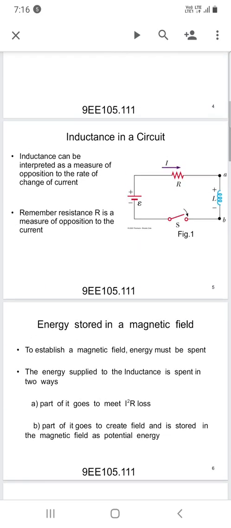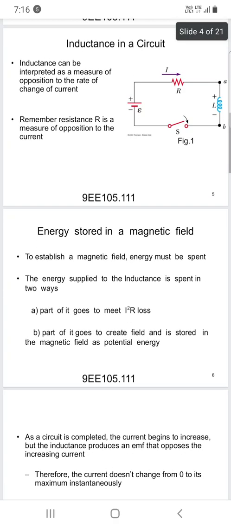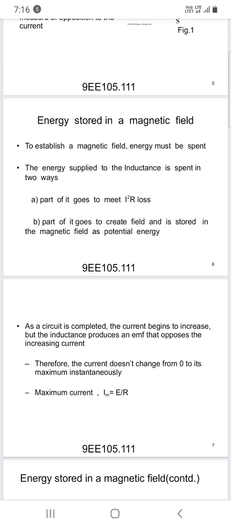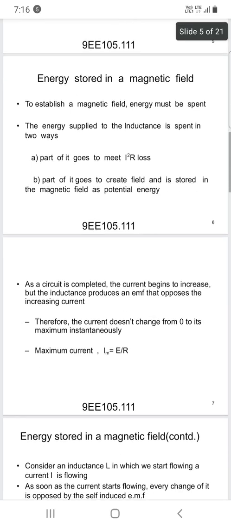That means when the switch is closed, the current flows through the resistance and inductance, and the inductance produces an EMF that opposes the flow of electric current.